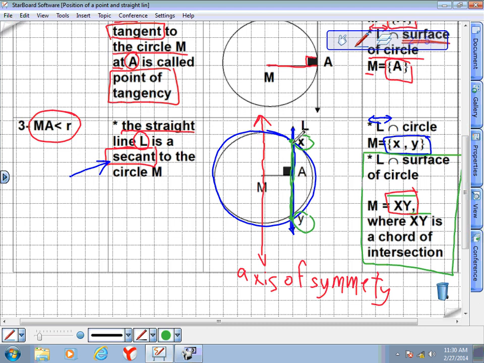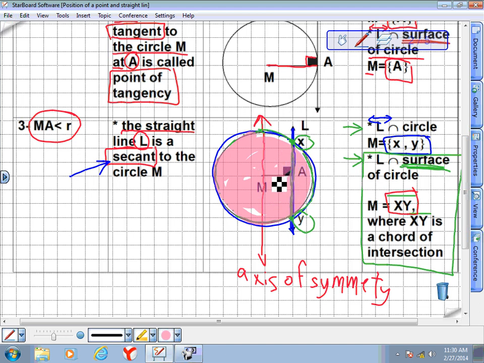So the difference between the first note and the second note is that, as we talked about previously in the first and second cases, the straight line intersects the circle M only at the outer points of the circle as a frame, but here the straight line intersects the surface of circle M. The word surface is very important, because the surface is all the area inside the circle.